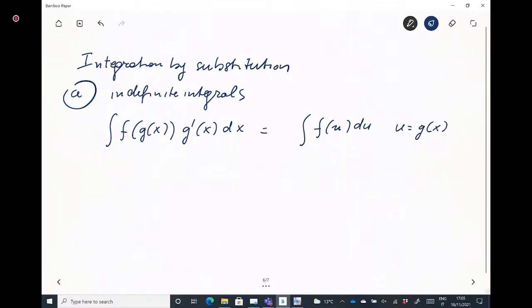And of course du is equal to g prime of x dx.